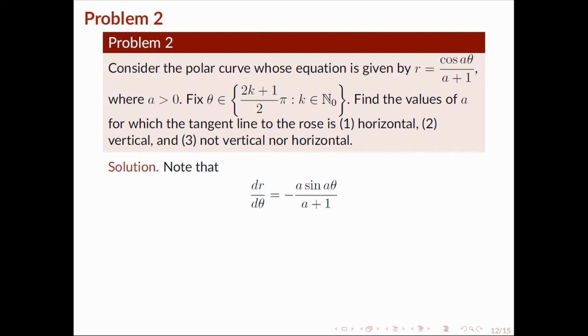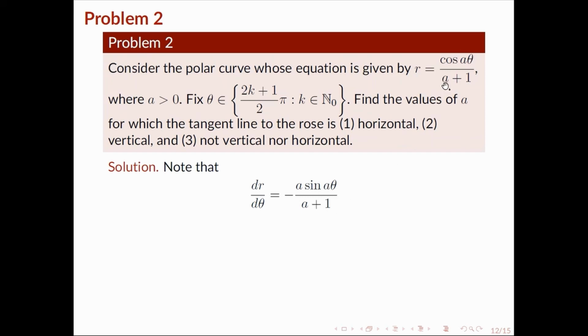Okay, since we are focusing on the slope, whether it is horizontal, vertical, or neither vertical nor horizontal, we get that when the slope is 0, the tangent line is horizontal. And when the slope is undefined, our tangent line is vertical. So here we first get the derivative of r with respect to theta, and that is negative a sine a theta over a plus 1.